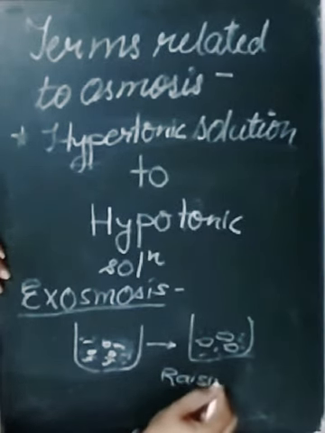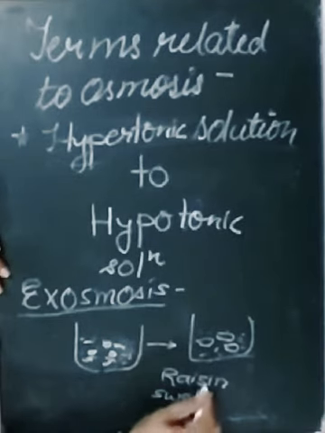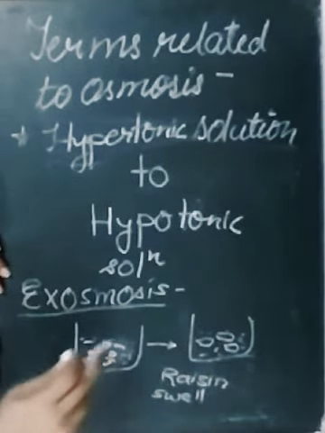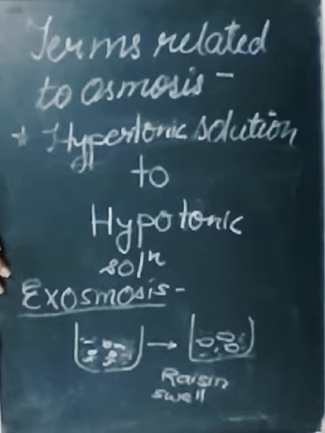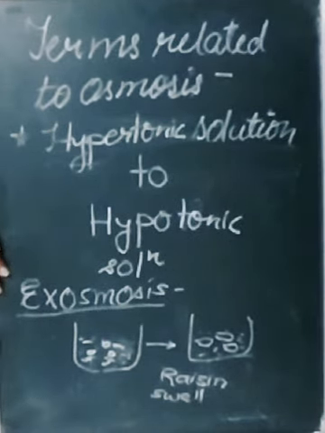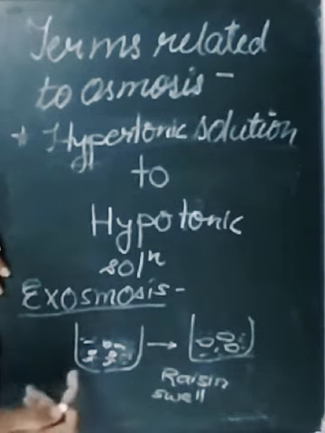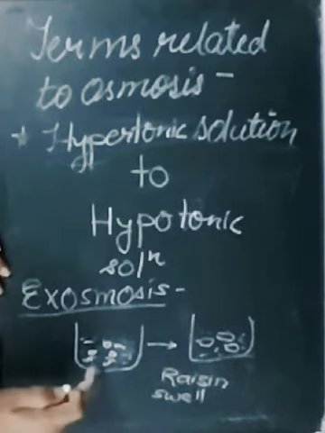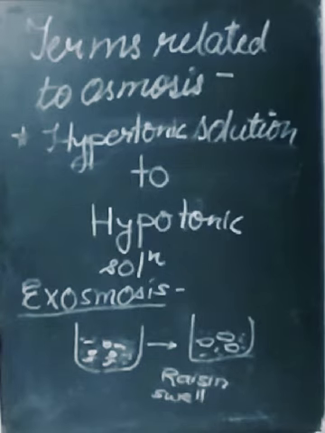When movement of solvent particles takes place from hypotonic to hypertonic solution, now in resin solute concentration, sugar concentration is more, and outside water is there, so water is hypotonic and inside hypertonic. So solvent moves from low solute concentration to high solute concentration. So it moves inside the cell.